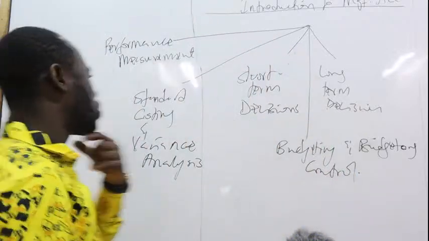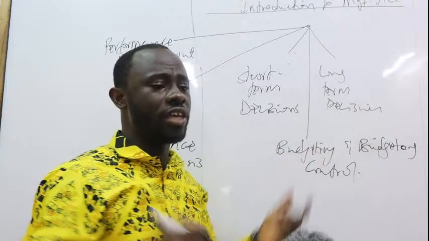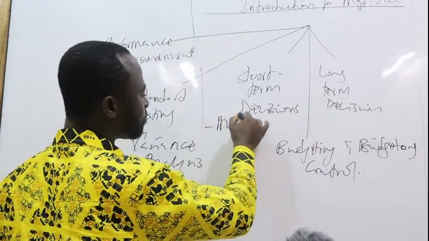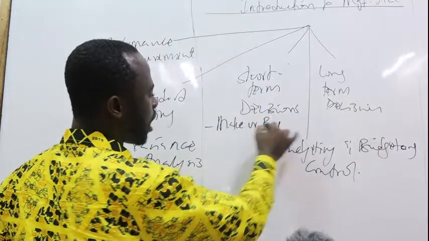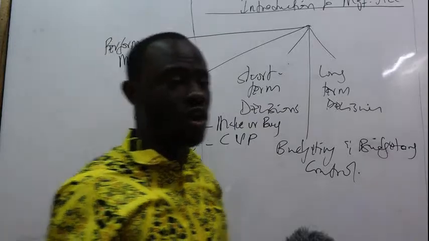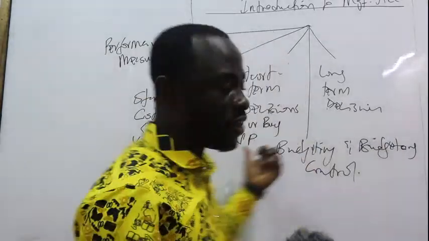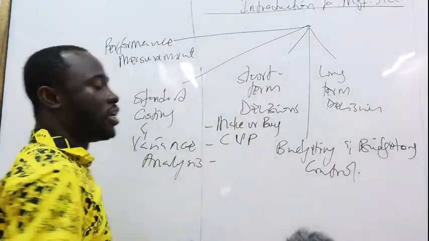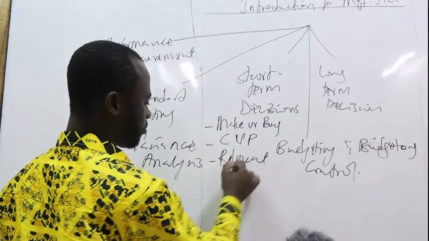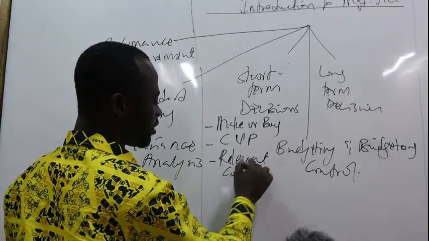Now, when it comes to short-term decisions, this is where you're going to be covering a lot of things like make or buy, a very critical aspect; cost, volume, profit analysis, or what we call break-even analysis, a very critical aspect of the syllabus. Then relevant costing decisions, or relevant cost analysis, also very critical.